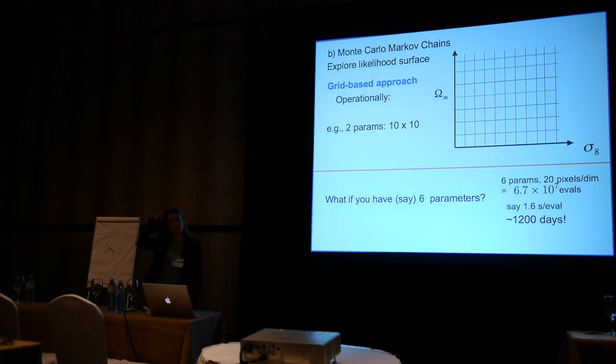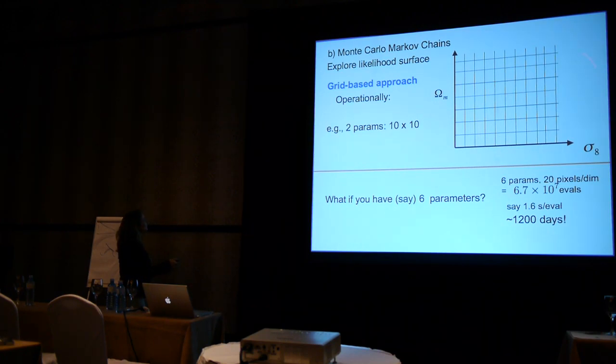What if you have 6 parameters instead? And 10 by 10 is a coarse grid that maybe you will want to make finer to actually get to know your probability distribution. But what if you have 6 parameters? Say that 10 is not good enough, you want to do 20, you have 6 parameters, 20 pixels per dimension, so you quickly have more than 1 million evaluations.